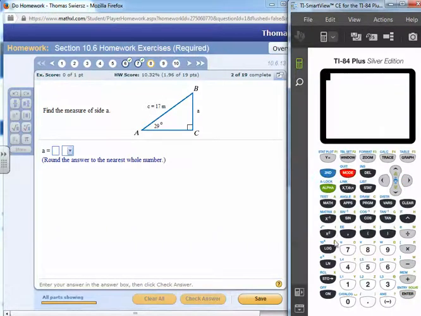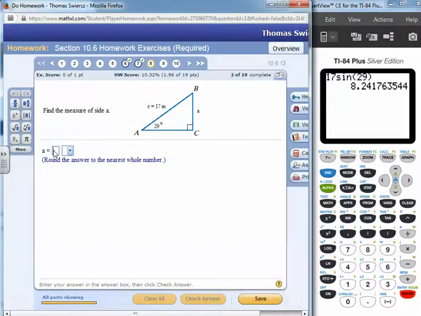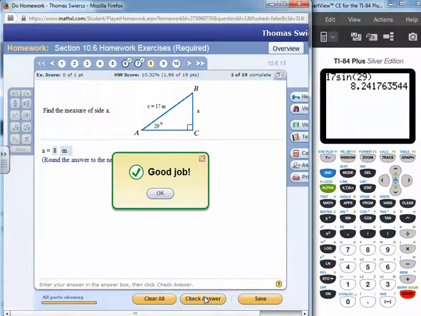So now we have 17 times sine, which is above the comma, of 29 degrees. Put in your right paren, and we get 8.24, so rounded to the nearest whole number, we would round down to 8 because there's a 2 in the tenths. And again, meters is given for the hypotenuse, so the units are in meters.